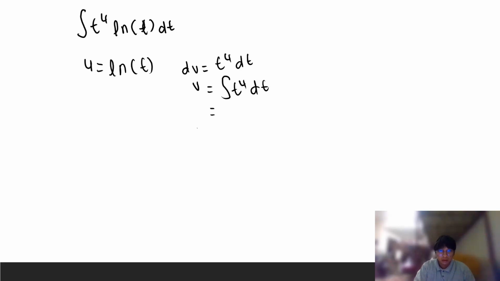So the integration of t to the power of 4 will be t power of 5 over 5.